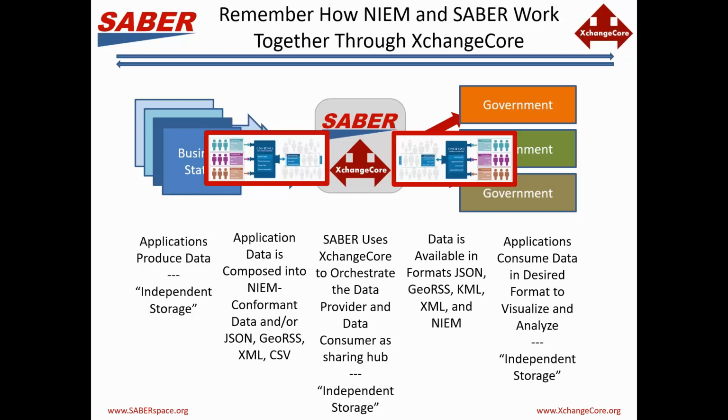And that's where SABER comes in, and XchangeCore in its multi-format data orchestration, because it's not just NIEM. SABER isn't going only to NIEM. SABER is adding NIEM to the other formats that it exchanges, enabling us to continue to broaden the range of suppliers of the data as well as the consumers' applications of the data.